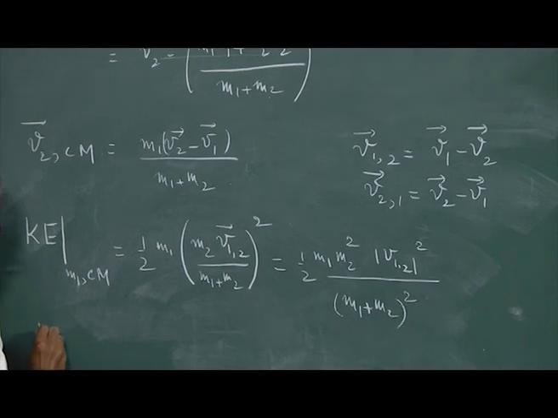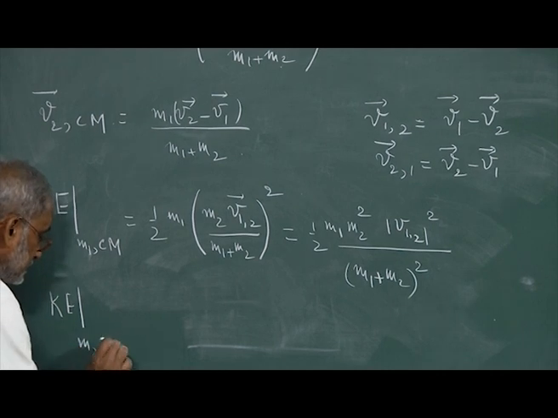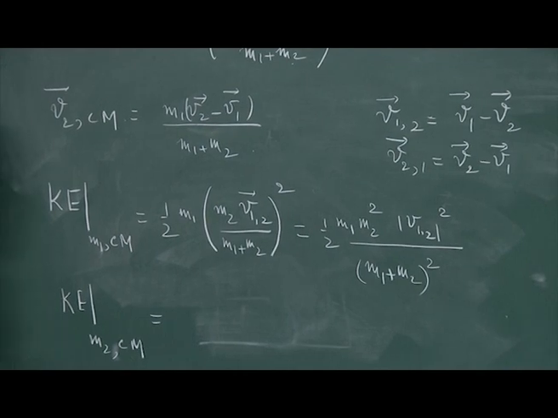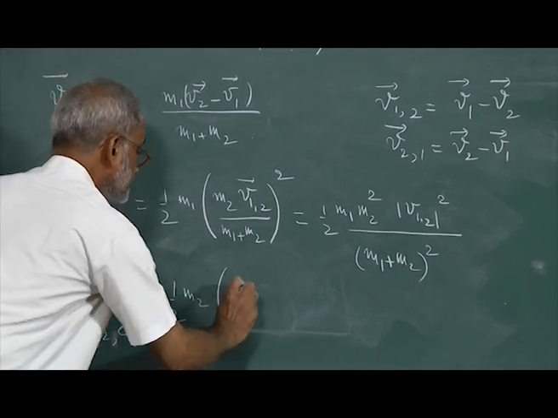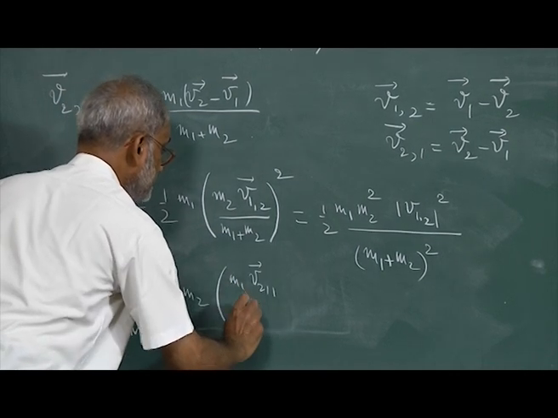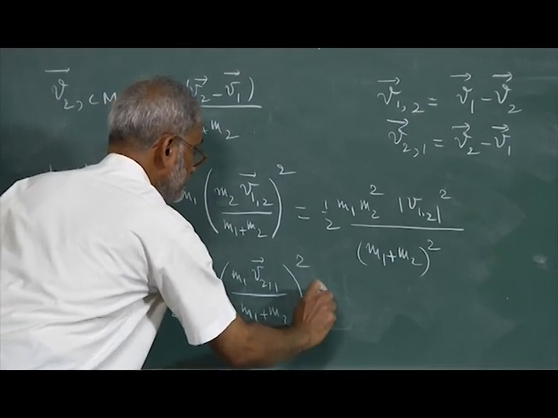Similarly, I can calculate the kinetic energy of the second mass relative to the center of mass. Okay. This is half of m2 m1 V21 by m1 plus m2 the whole squared.